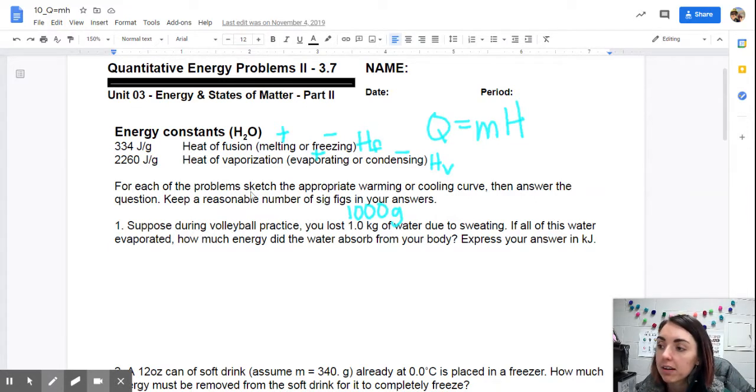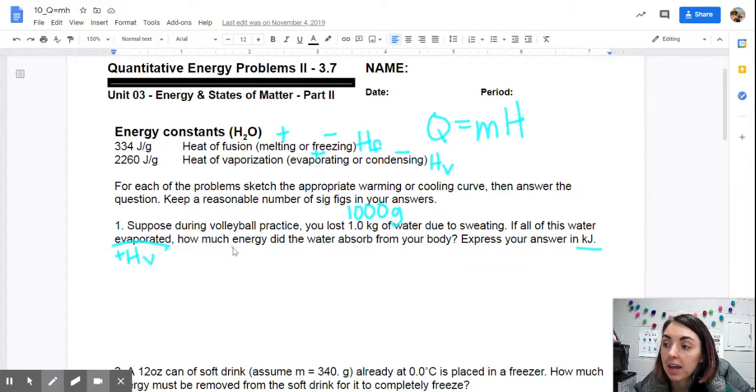If all this water is evaporated, I see that phase change word, evaporated, and I look up here and see evaporating is positive, that's going to be my H sub v, 2260. So I'm going to write down here, I'm using positive H sub v. That way I've got that ready to plug into my equation. How much energy did the water absorb from your body? Express your answer in kilojoules.